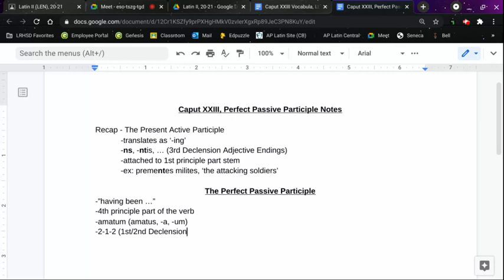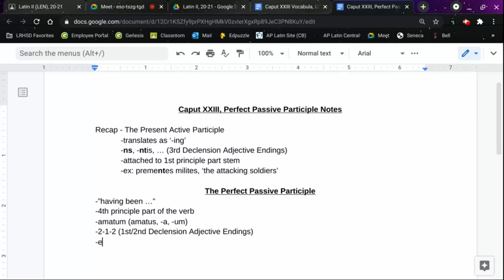It's simply all the endings from the first and second declension. So every perfect participle gets this -us, -a, -um, and the -us represents the second declension masculine, the -a represents the first declension feminine, and the -um represents the second declension neuter. Okay, because remember, adjectives have to agree with any gender of noun.